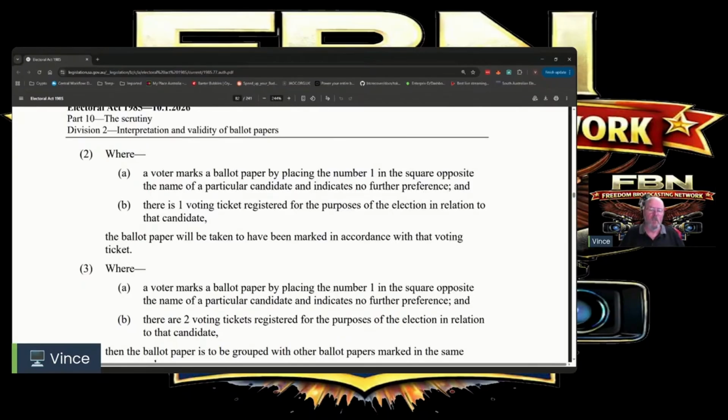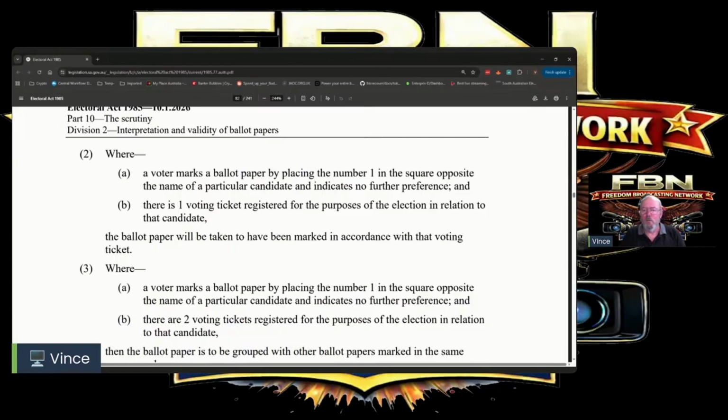So that means that if you walked in and did a number 1 only on the lower house paper, that's the green paper, and you did that for Labor, Liberal, whatever, your vote would count according to the registered how to vote card given to the South Australian Electoral Commission.